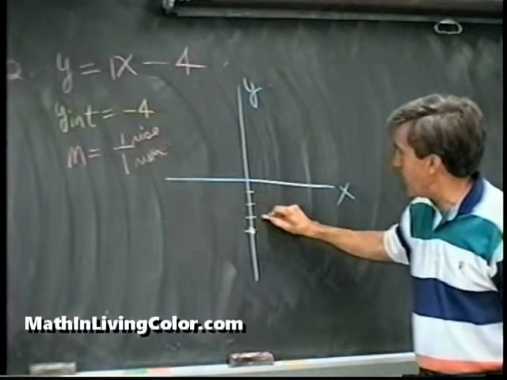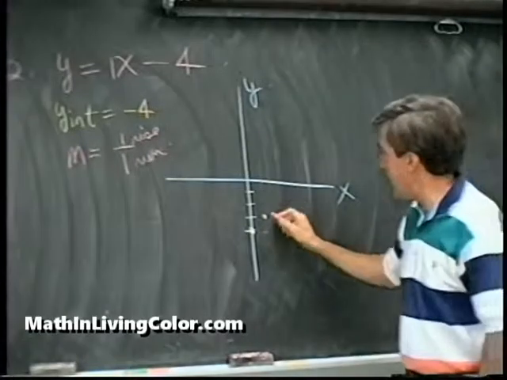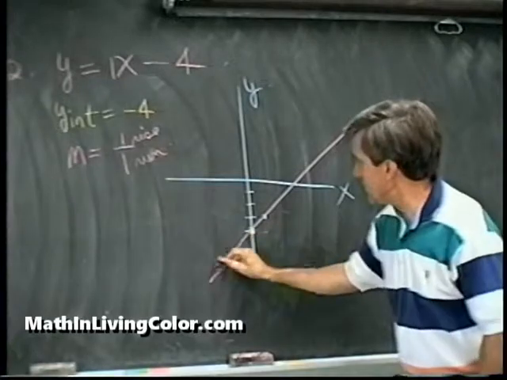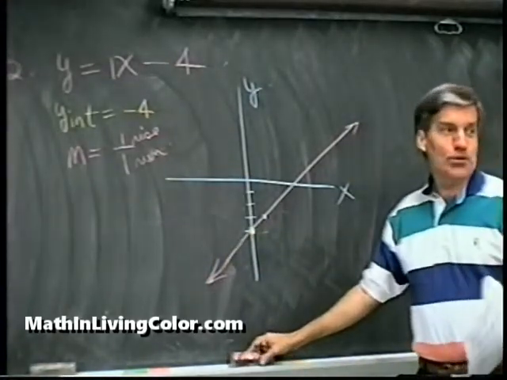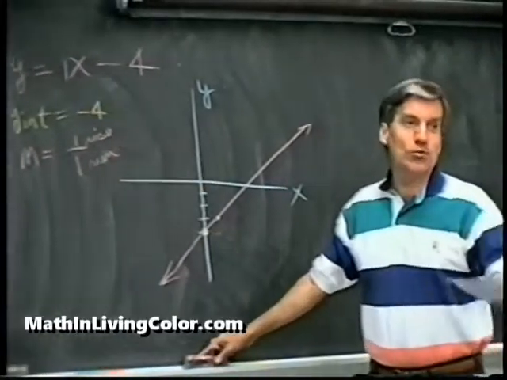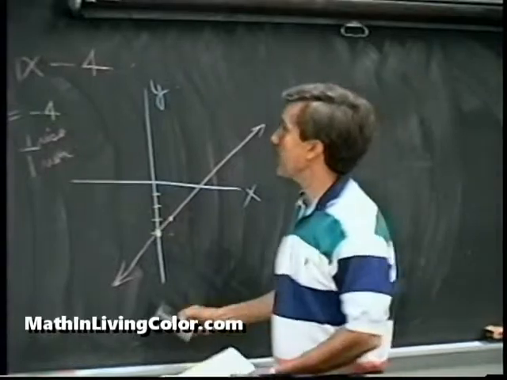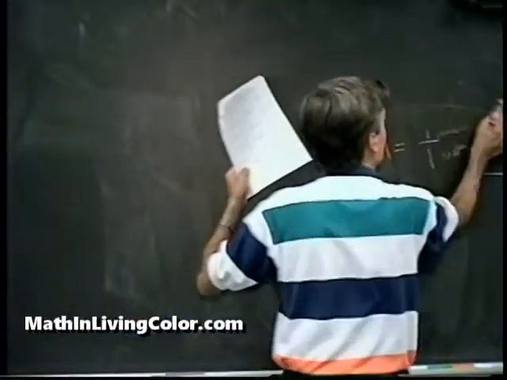Over 1 and up 1, or over 1 and up 1 this way. And you'll have a line that looks like this, right? Is that simple? Oh, yeah. Okay. Now, if this is not simple, then you need to get somebody to help you with it, so it will be simple. This is not difficult. It may seem difficult, but it is not difficult.